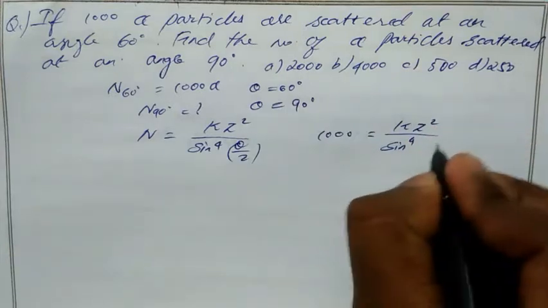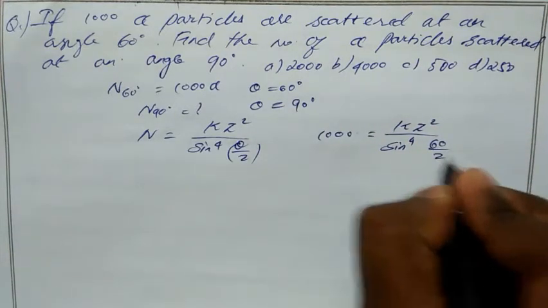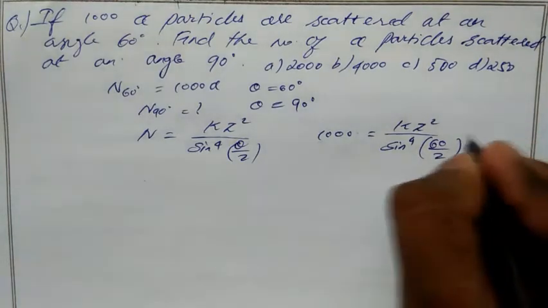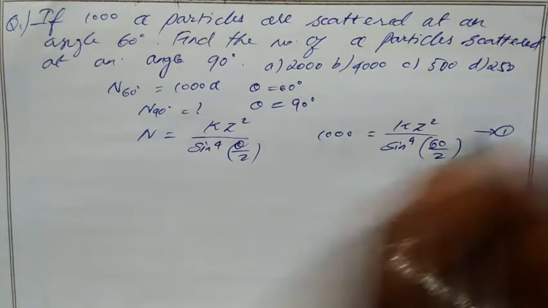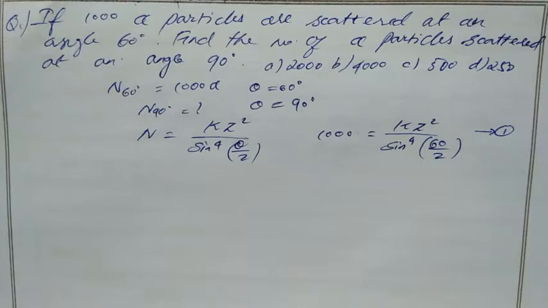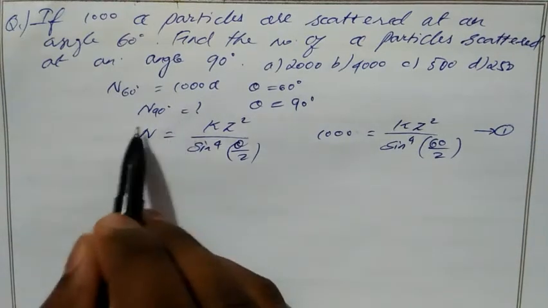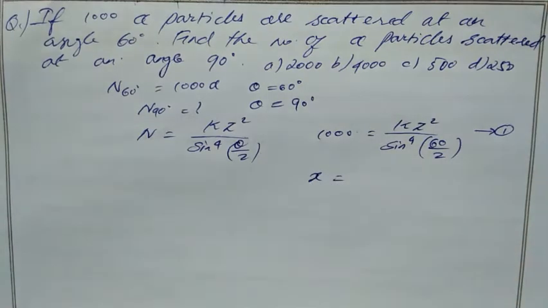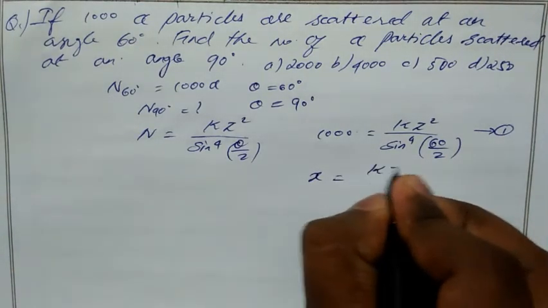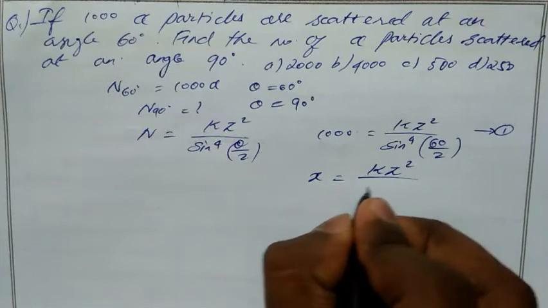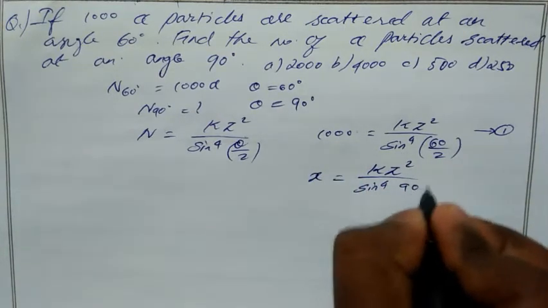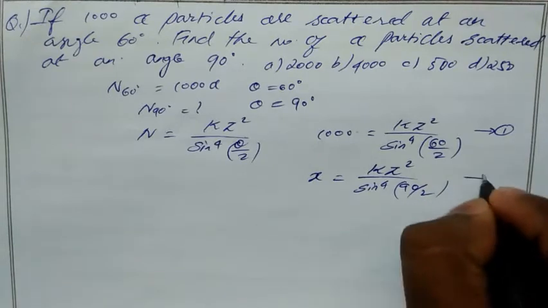Theta is 60 degrees, 60 by 2. We take this as equation 1. Then for the second equation we don't know the N value, so we take N as x. We have to find that x, equal to k Z square divided by sine power 4 of 90 by 2. We take this as equation 2.